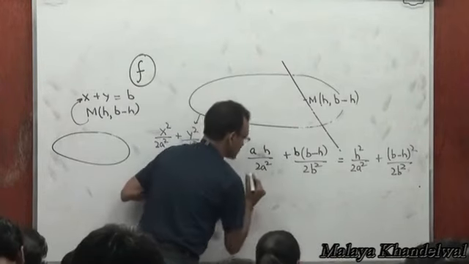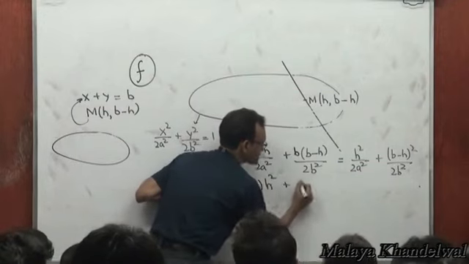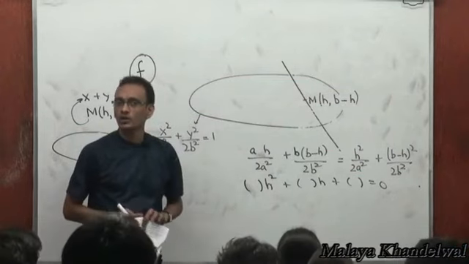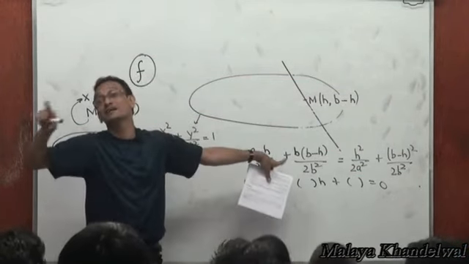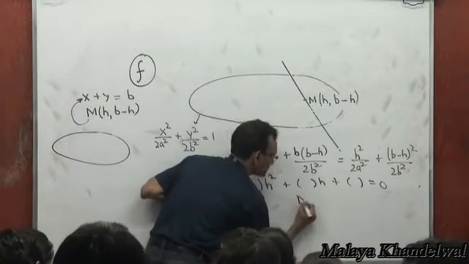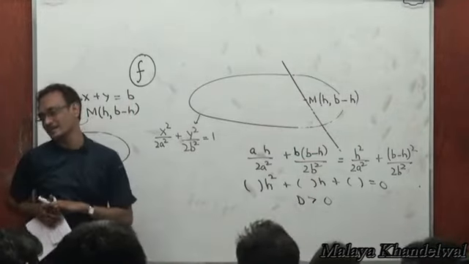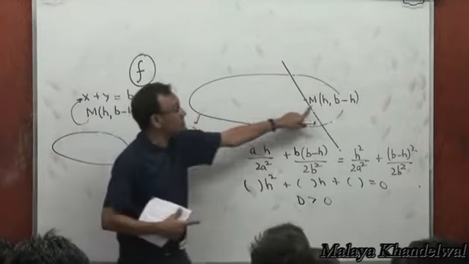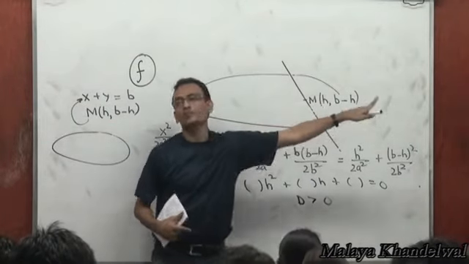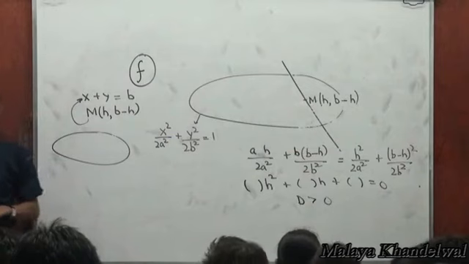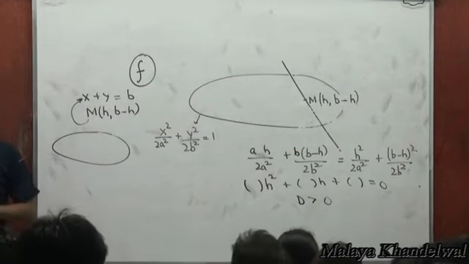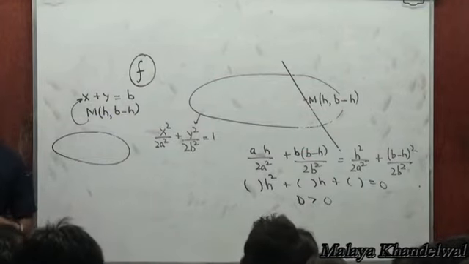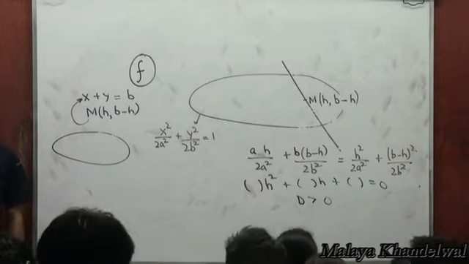If you rewrite this as something into h squared plus something into h plus something equal to 0, which is a quadratic in h, all that you need to do here is put the discriminant greater than 0. Discriminant greater than 0 would give you the desired condition. It will give you distinct values of h for two midpoints, each of the form h comma b minus h, and therefore the existence of two chords whose midpoints lie on the line x plus y equal to b. This is all that you need to do.